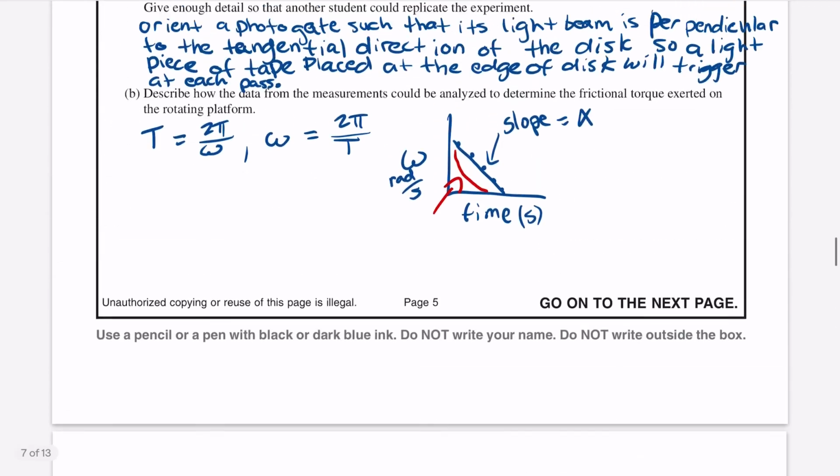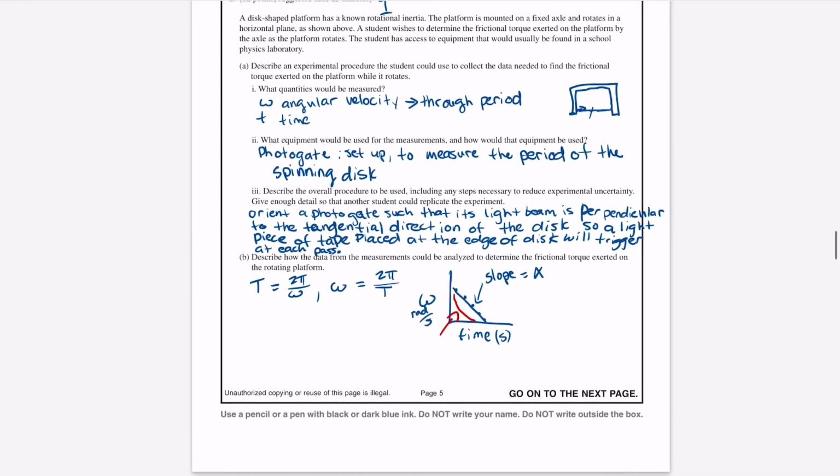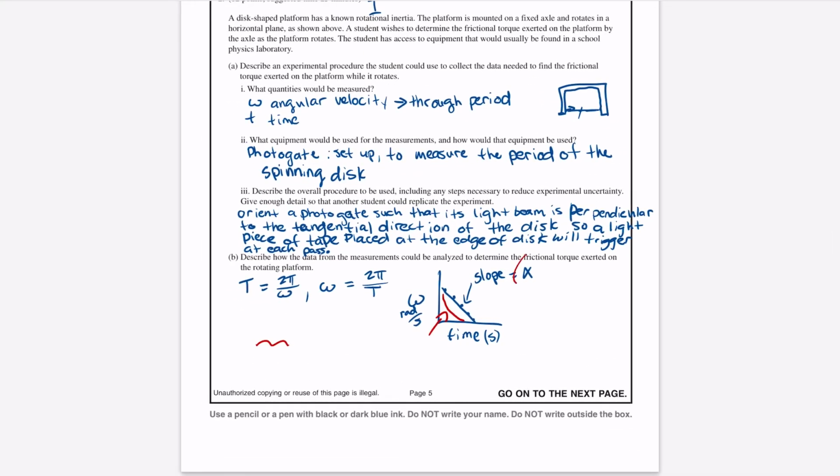All right. Now, based off of what we've discussed here, as long as you continue answering that we can take acceleration, multiply it by rotational inertia to find torque, then we have 11 out of 12 points based off of everything that I've just said here.